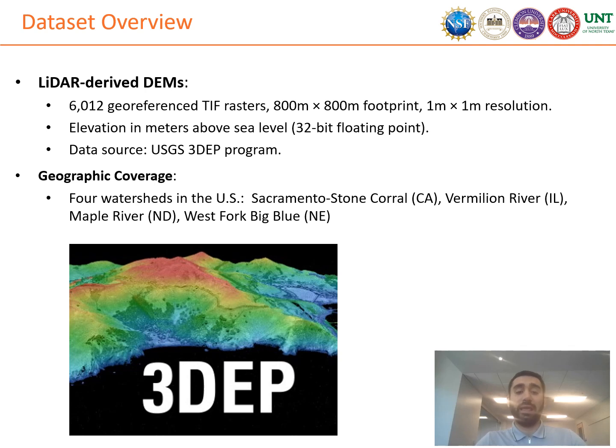The elevation in meters above sea level is considered, and 32-bit floating points are associated to each of those TIF rasters. The data source is coming from the USGS 3DEP program, and the current data comes from 4 watersheds in the US, one in California, in Illinois, in North Dakota, and in Nebraska.